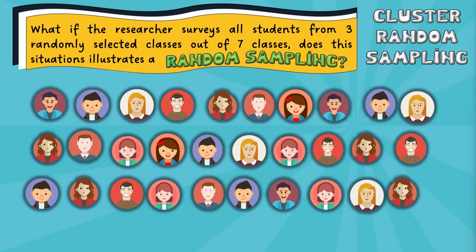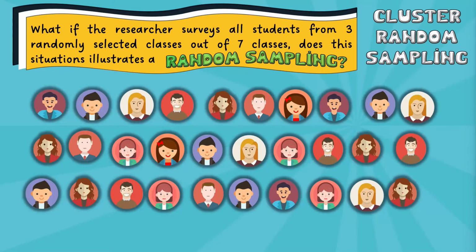Since all students are divided into clusters or classes, then 3 classes were selected at random out of the 7 classes. All of the students of these 3 classes comprise the samples of the study. Take note that each cluster is mutually homogeneous yet internally heterogeneous.